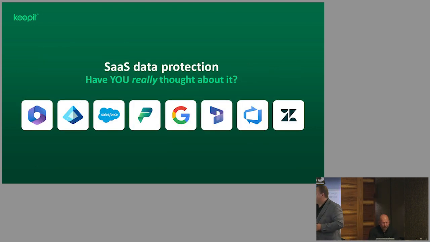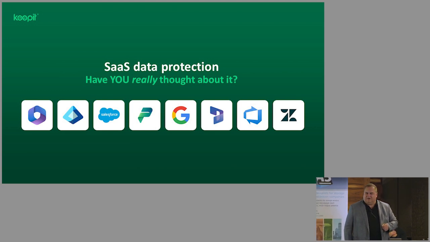But I've got a question for you. Have you really thought about this, that your data in a SaaS application has to be backed up? You don't have to answer it. I can tell you that when I was approached by Keepit about 2.5 years ago, I looked at this and I thought, Jesus, another business idea that I missed. I haven't really thought about this, that data in a SaaS application still has to be protected.